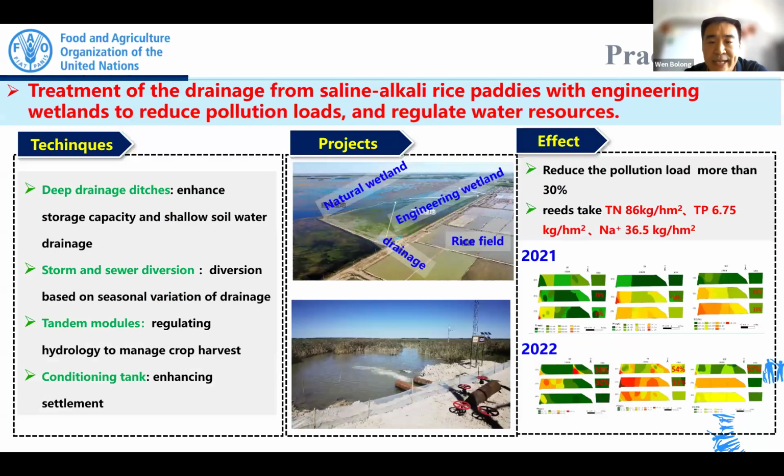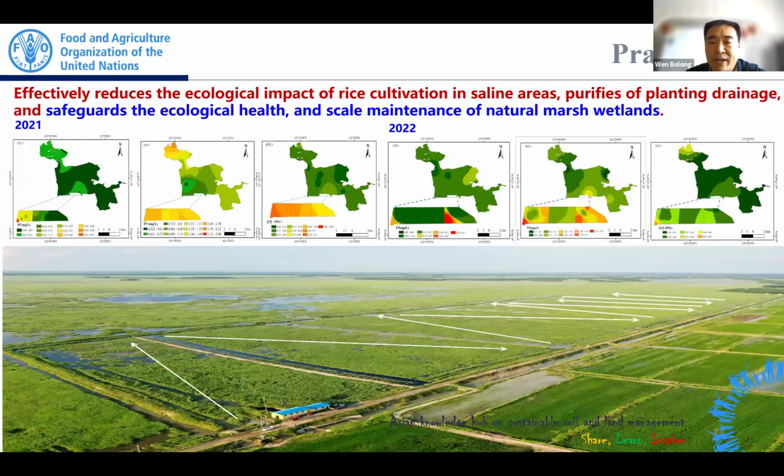Secondly, treat the drainage from paddies with engineered wetlands to reduce pollution loads and regulate water resources. Our practice has proved that the reduction of pollution has effectively protected the health of natural wetlands.